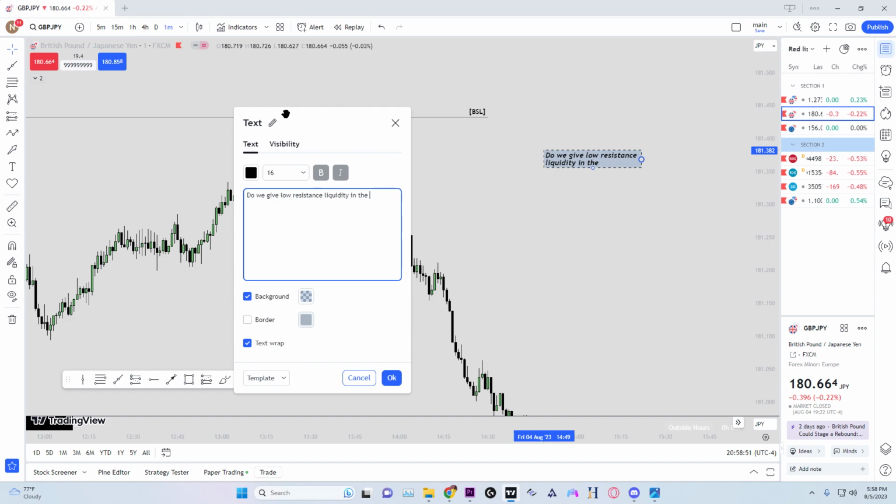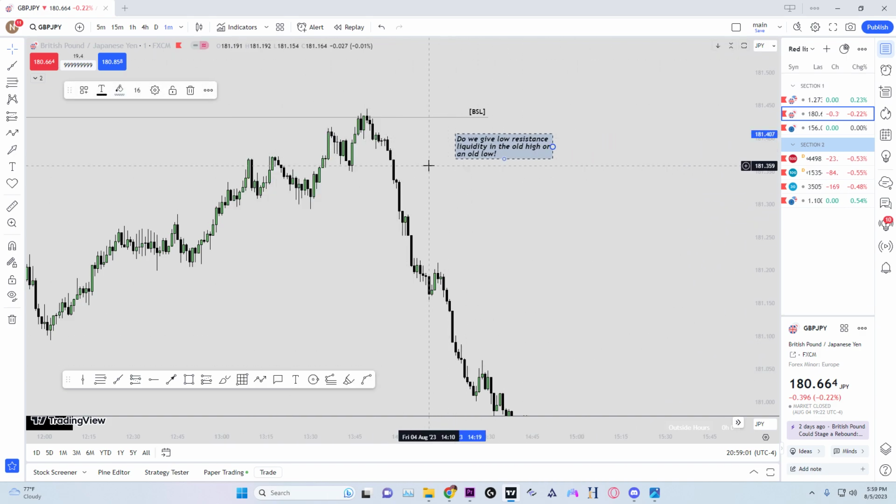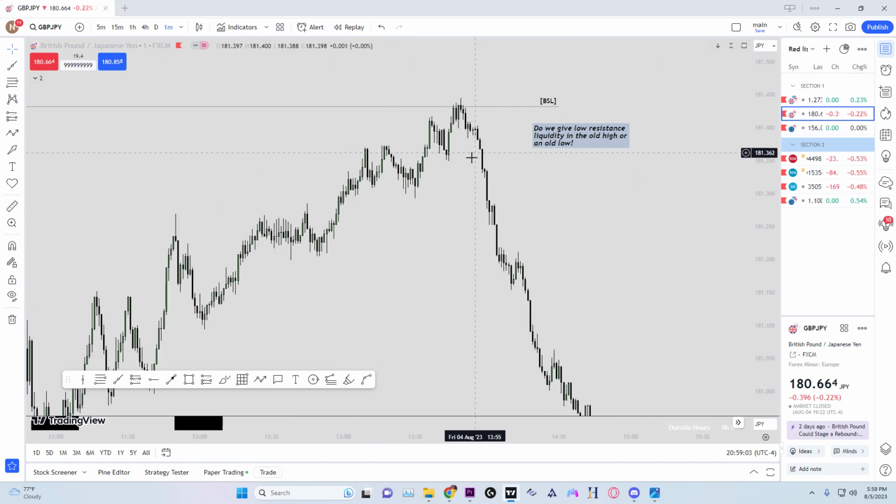But for this scenario, I'm gonna use old high or an old low. So do we give low resistance liquidity in the old high or old low?